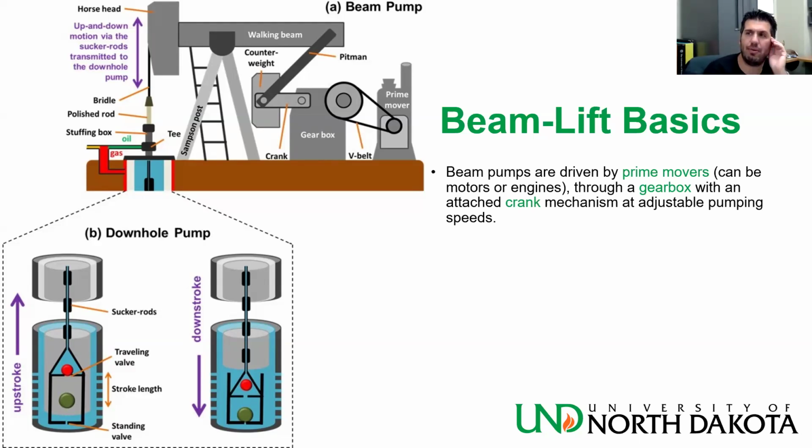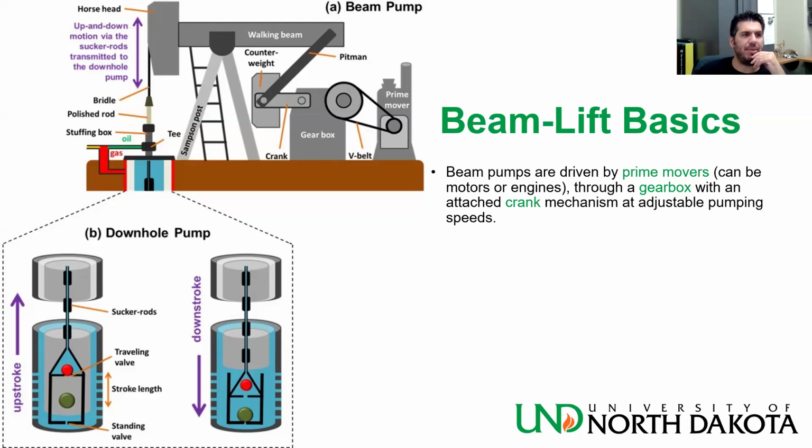Up and down motion on the horse head makes the polished rod move up and down itself. When the polished rod moves up and down, it basically moves the cycle rods up and down itself.